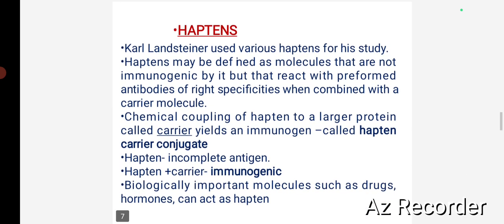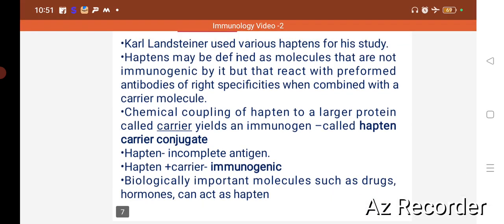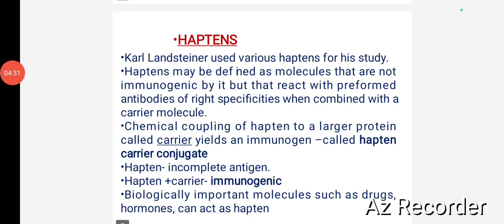Next, moving on to haptens. Karl Landsteiner used various haptens for his study. Haptens may be defined as molecules that are not immunogenic but that react with preformed antibodies of right specificities when combined with a carrier molecule.